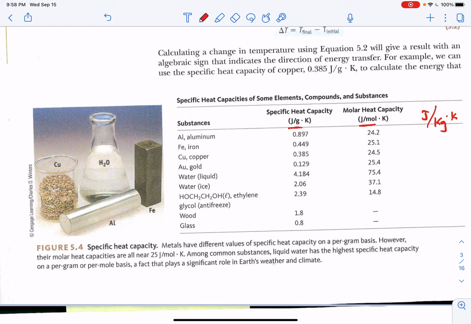Of course, this is where you convert your grams into moles in order to get the molar heat capacity. The molar heat capacity, logically, is the heat capacity of a mole of whatever substance you're talking about. So you can convert back and forth between the specific heat capacity and the molar heat capacity as long as you know what the substance is, so that you can find out its molar mass.